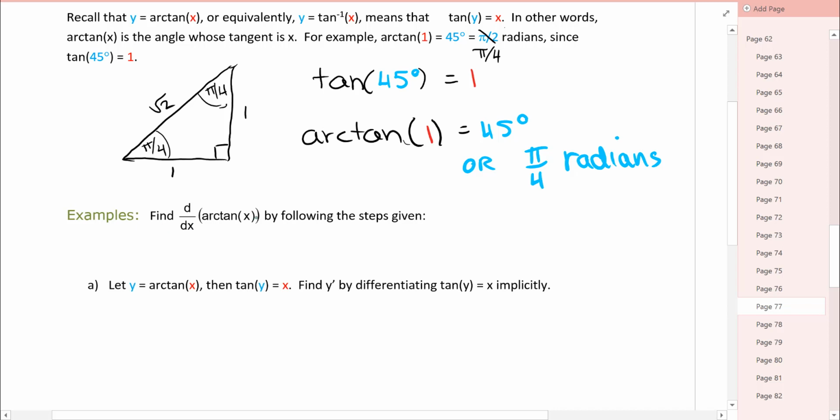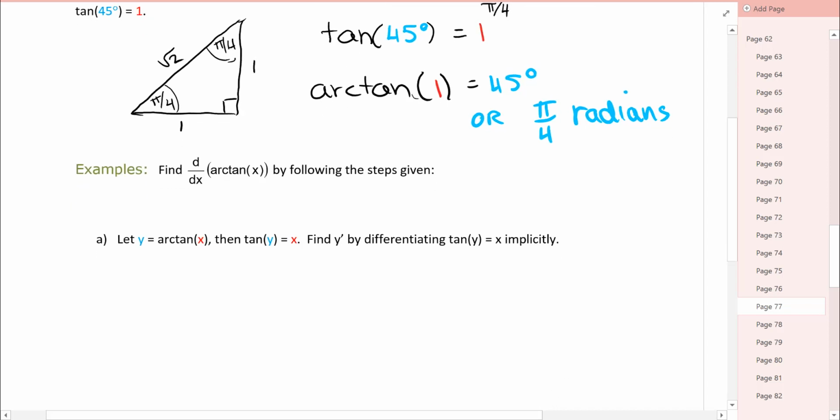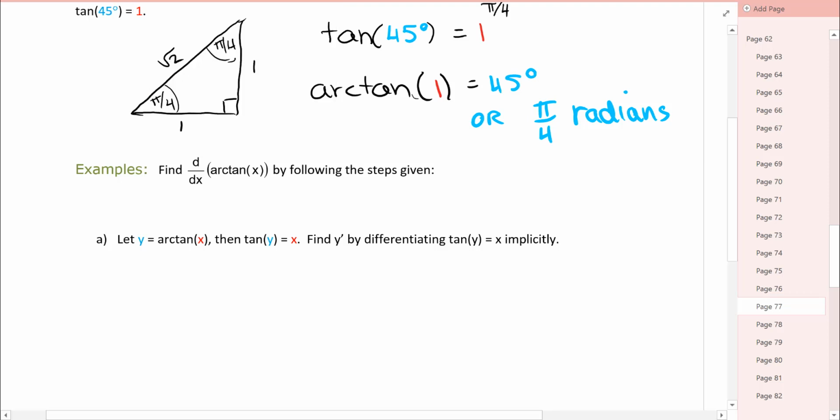So we want to find what the derivative of arctan is. And what we're going to do is start with tan y equals x, and we're going to differentiate it implicitly with respect to x. So we'll start with this, tan y equals x.